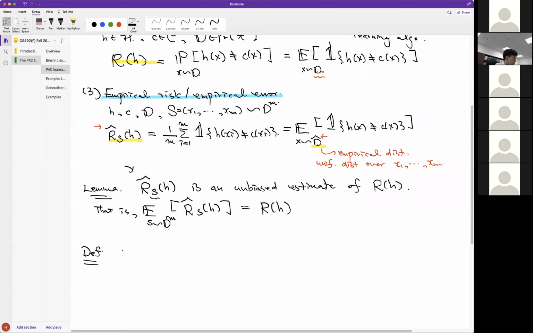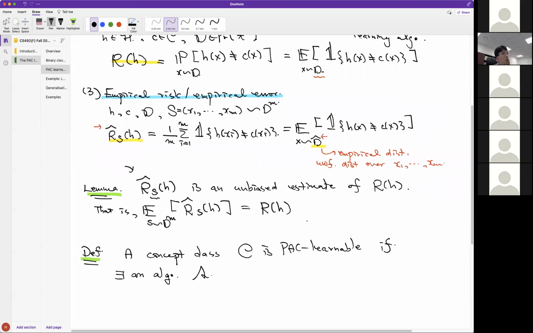Say that our concept class C is PAC learnable if there exists an algorithm, which takes samples together with corresponding y's and produces a hypothesis, and a polynomial with 3 parameters.